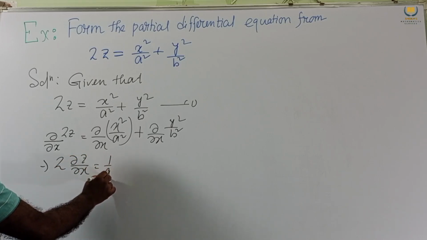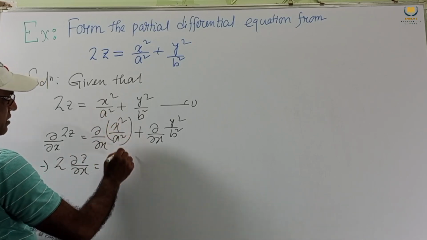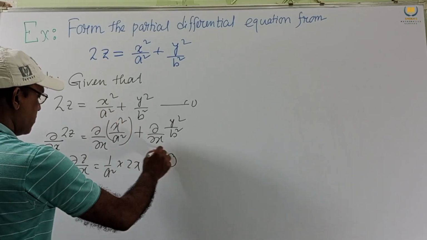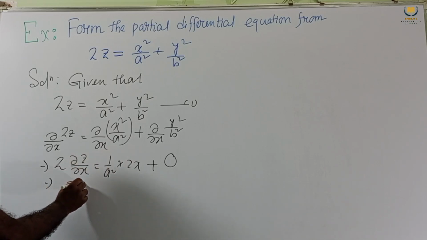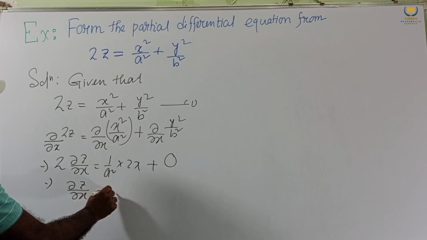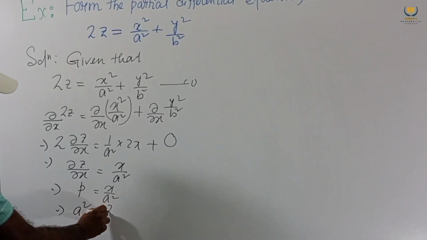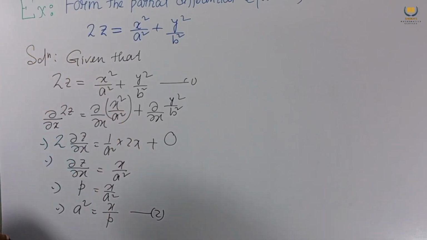This is 1 by a square constant, a square is the denominator, 1 by a square constant outside, del x of x square means 2x, and this is 0. Then 2 cancels on both sides, we get del z by del x equals x by a square, and del z by del x means p, so p equals x by a square. So a square taking this side, p taking this side, a square equals x by p. This is number 2 we consider.